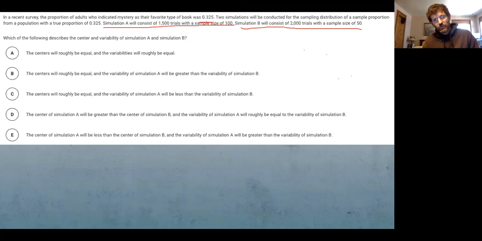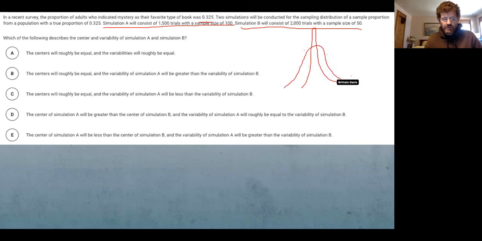And it's really important to note that sampling distributions, regardless of sample size, and remember the sample size will determine the actual distribution, but all of them should fall right on the population mean.